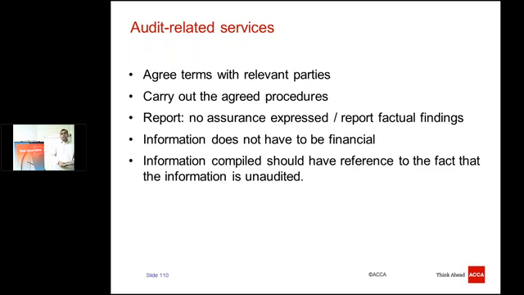The third is the moderate or expressed in a negative form of assurance, in which you say that, in our opinion, nothing has come to our attention that causes us to believe that the financial statements do not give a true and fair view. And then the fourth level of assurance is no assurance, which is expressed in the form of compilation or agreed upon procedures. So you are expressing no assurance.